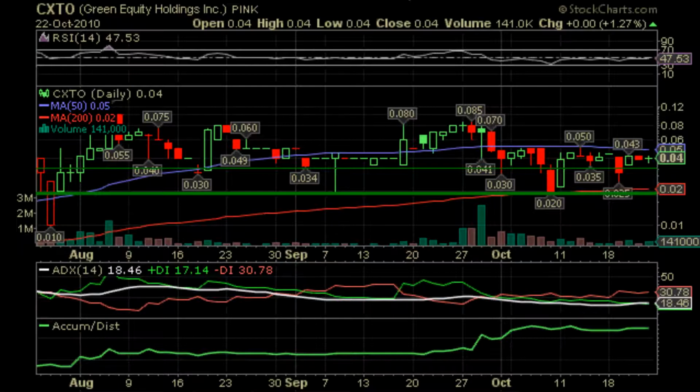Next, we're going to look at some indicators, the ADX. As we can see, an ADX of 30 and above shows a strong trend. And we have a non-existent trend with an ADX at 18. So the ADX isn't showing us the trend.